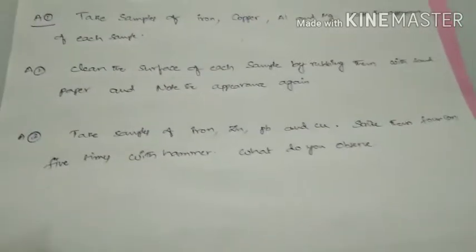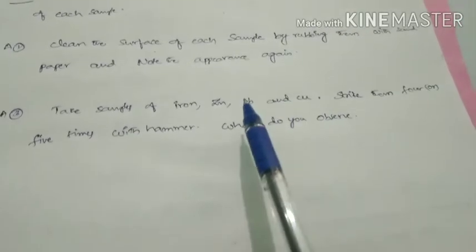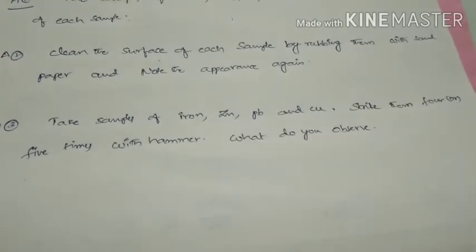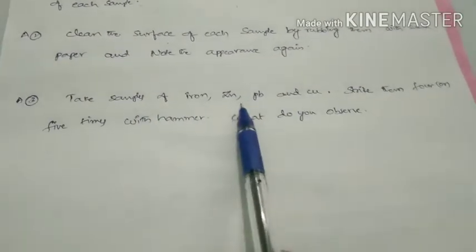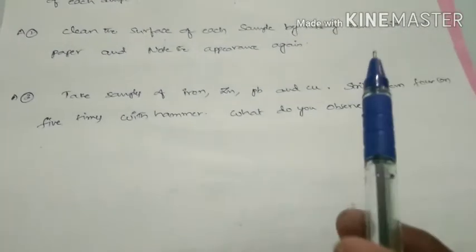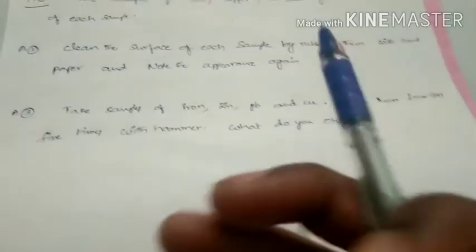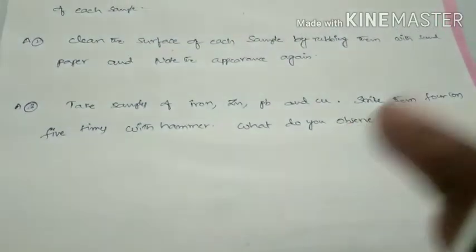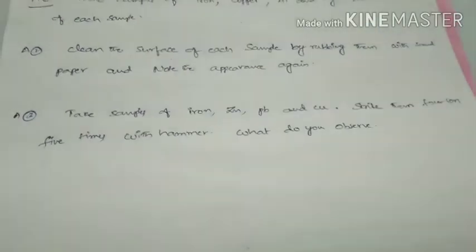And one more activity is there. If you take these four samples and cut them with a knife, then what is your observation? I repeat once again. Take the same samples, that means iron, zinc, lead and copper. Cut them with a knife, then what is your observation? Here our observation is we cannot cut them with a knife easily.